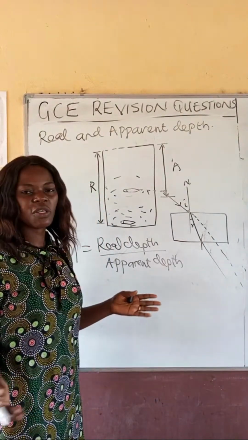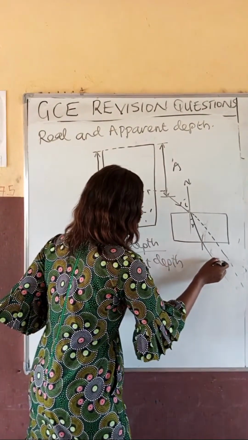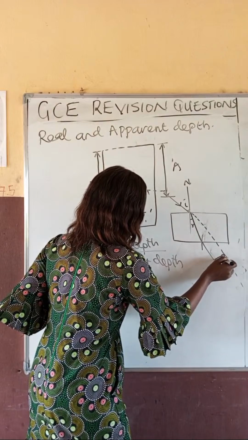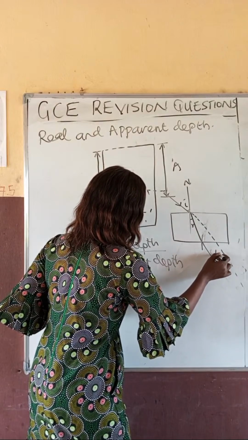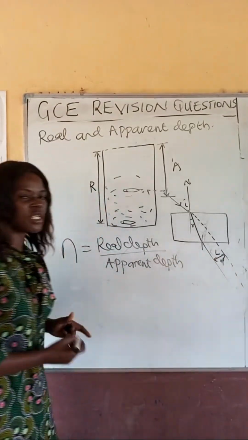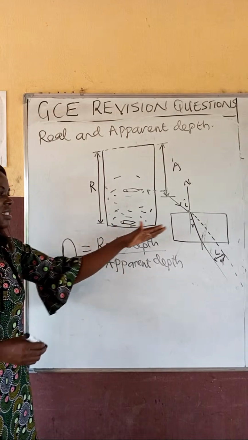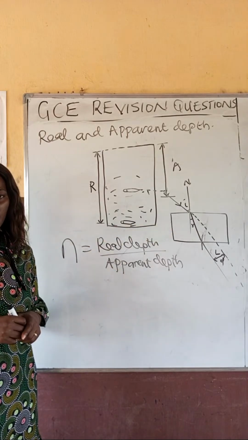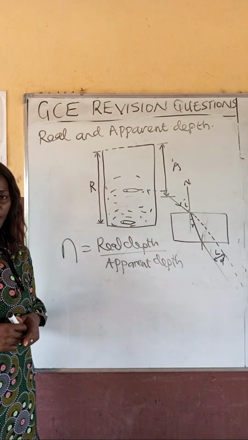Now I can decide to measure the lateral displacement, that is from here to here. I will call it L, or I can decide to call it D. So in this aspect, you can be asked to find the lateral displacement or the upward displacement.